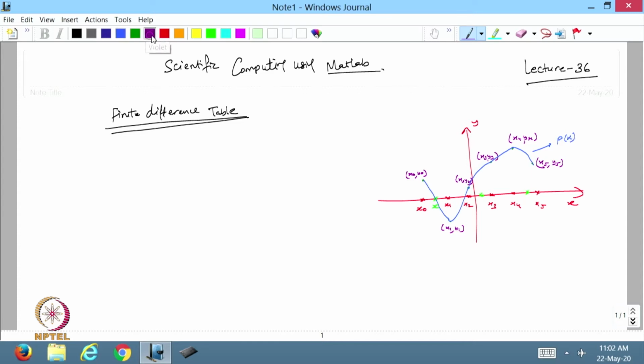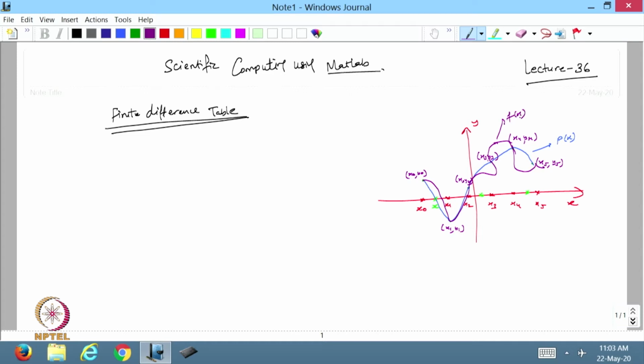And what is the function here? The function we do not know, but let these points be satisfied by some function. Maybe this function is like this one, then going this way and then going this way. So, let this be my function.